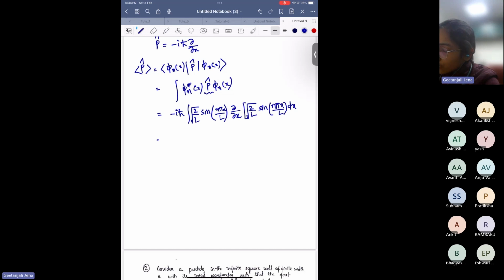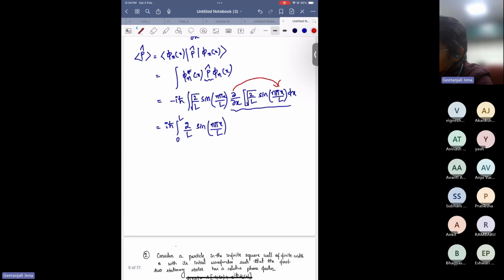So now just write what is the derivative you are getting. It will be 2 by L. Then there is a sine term here. And the derivative will act on the sine function, and it will give a cos function.